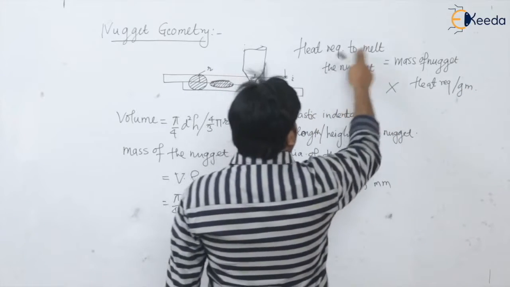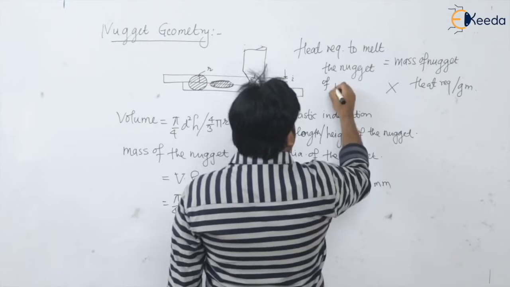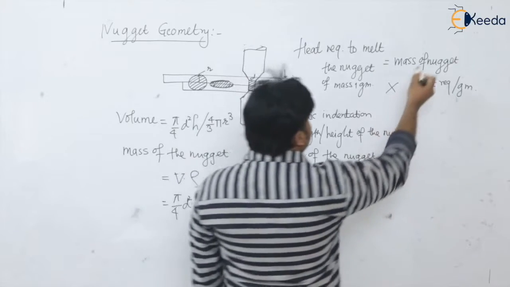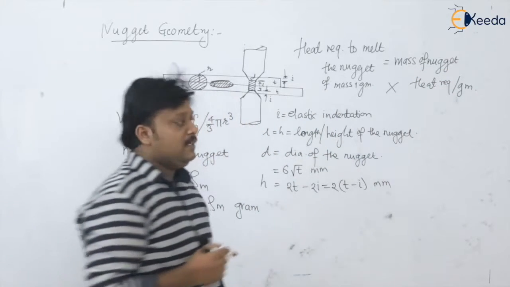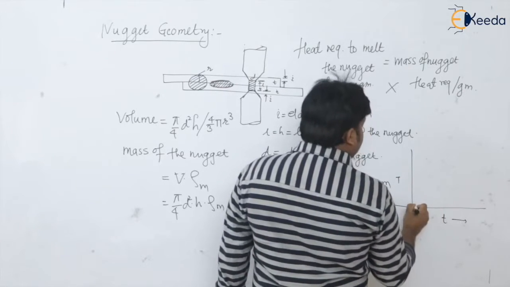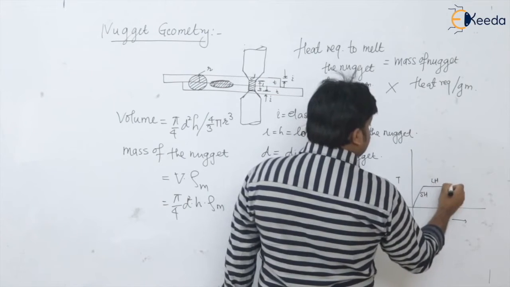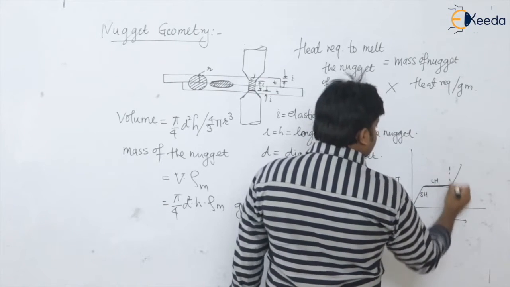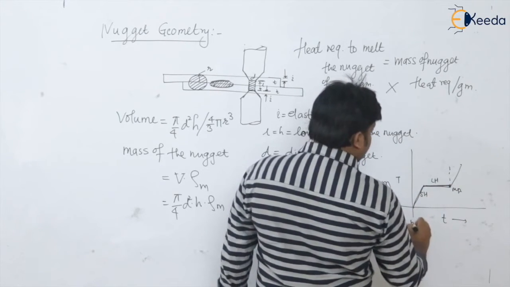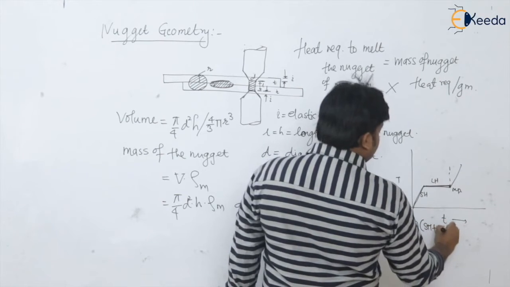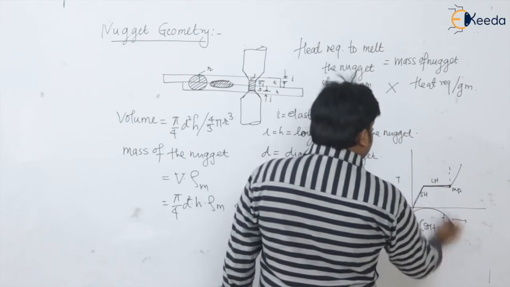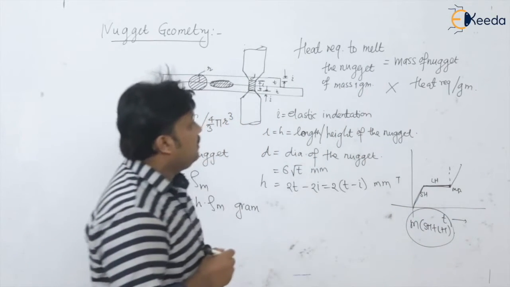Here, the heat required to melt a nugget of mass 1 gram, so it is the mass of the nugget times the heat required. If you look at this curve of time versus temperature, initially we have the sensible heat, then the latent heat at the melting point. So the heat required for melting is mass times (sensible heat plus latent heat). This is the heat required to melt the nugget.